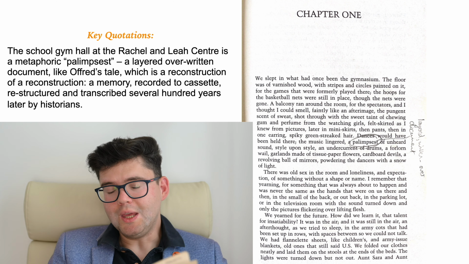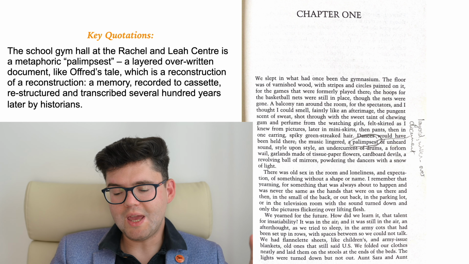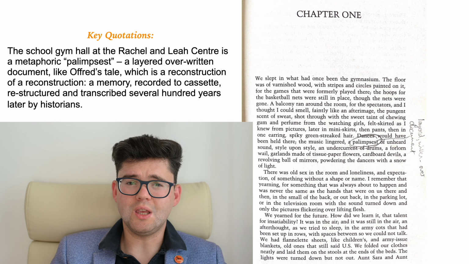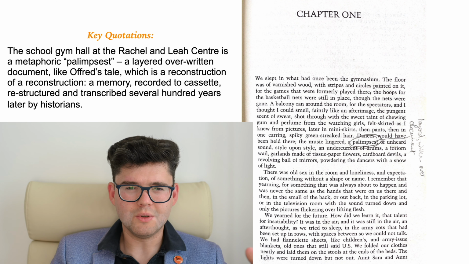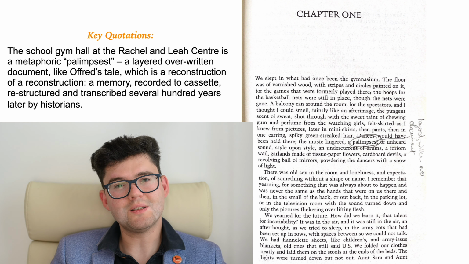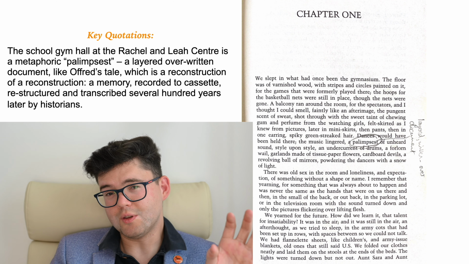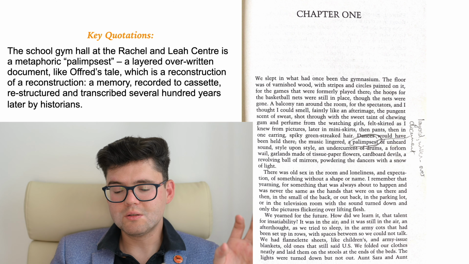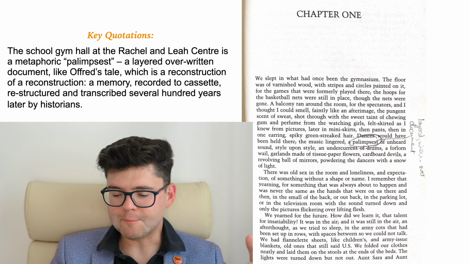So subtle as it may be, straight away in this opening paragraph, Atwood makes use of a metaphor for the repurposing of this school gymnasium as the sleeping quarters, the dorm of the handmaids. This ex-school has been turned into the Rachel and Leah Centre, otherwise known as the Red Centre. And she describes the repurposing of the gym hall as a palimpsest of unheard sounds of prior proms and summer balls, things like that.